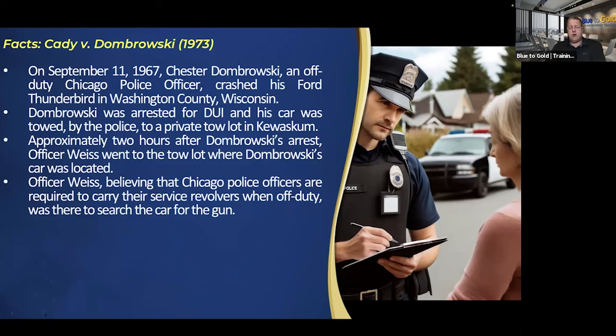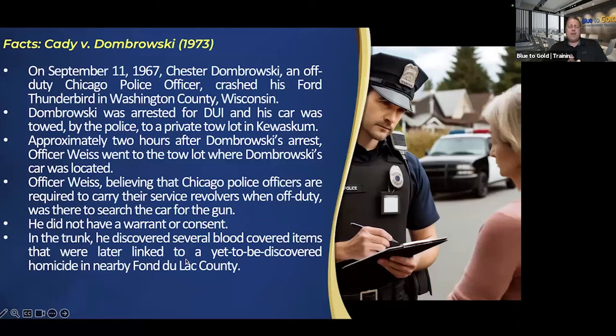So he goes back to the car to look for the gun, and he doesn't have a warrant, and he doesn't have consent from Dombrowski. He searches the car, and he gets to the trunk. He still hasn't found the gun. He opens the trunk, and he finds several blood-covered items.